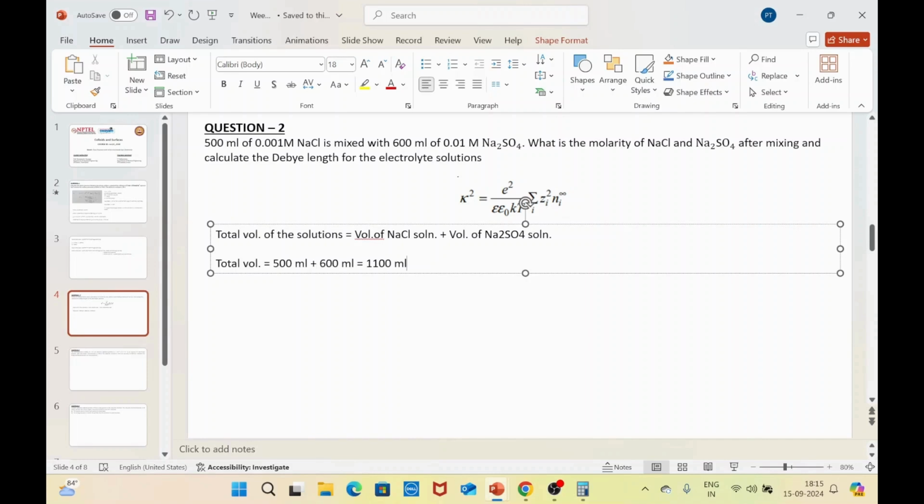So for this volume, you have to calculate the molarity. What will be the molarity of NaCl after mixing?